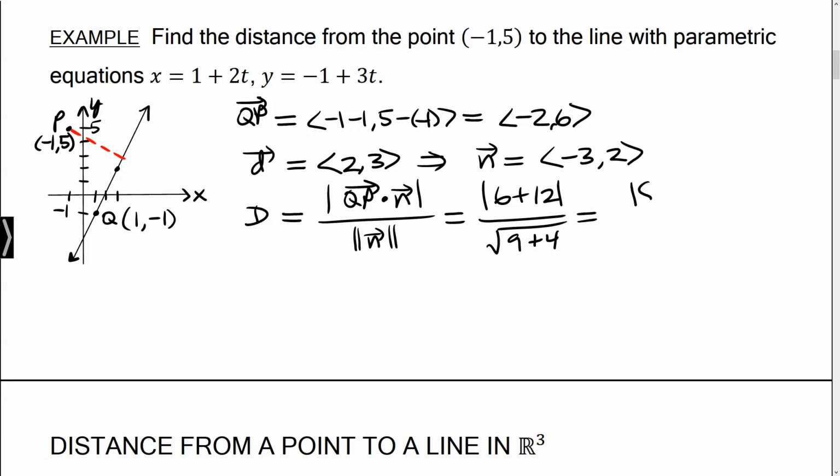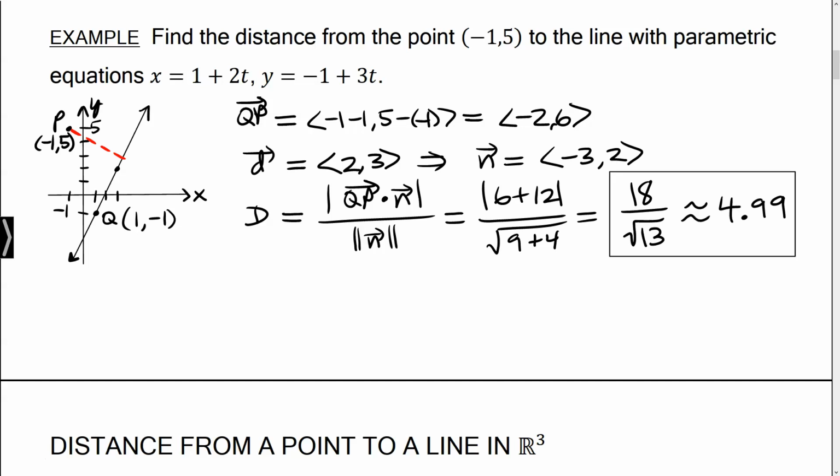So we get 18 over square root 13. That distance is about equal to 5. It's just less than 5 units. So that's how you find the distance from a point to a line in 2 dimensions.